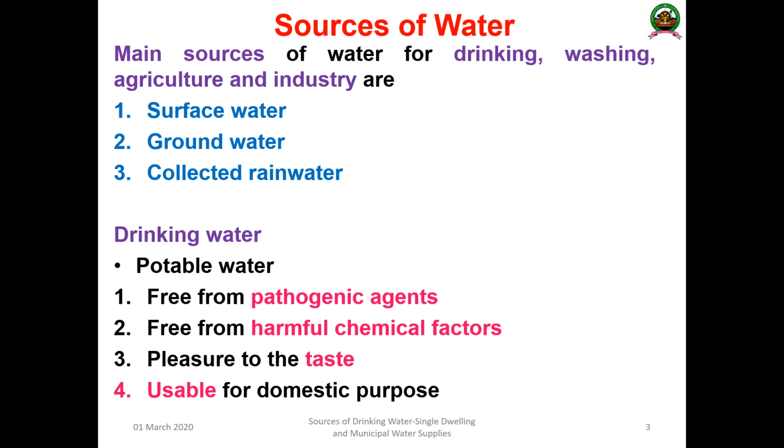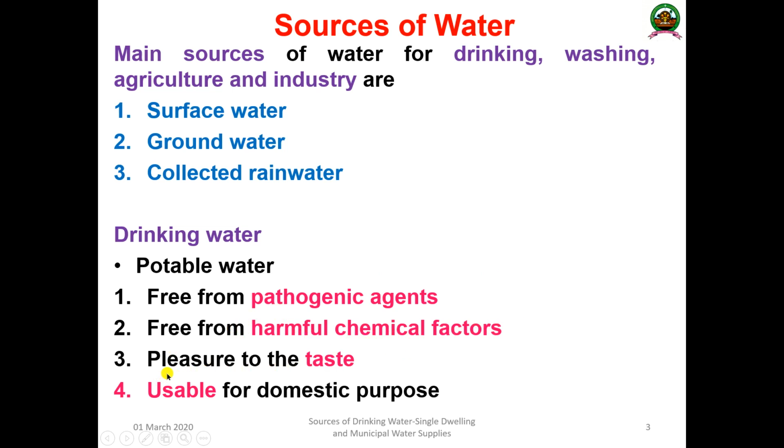And we are going to deal mainly with drinking water, which is the water that is used to drink and which is potable in nature, that should be possible to drink. This water should be free from pathogenic microorganisms, free from harmful chemical parameters and especially heavy metals.